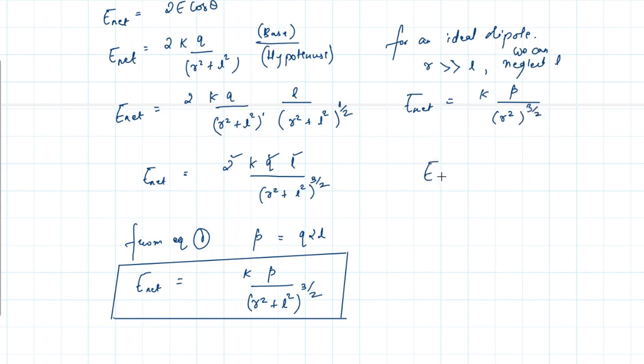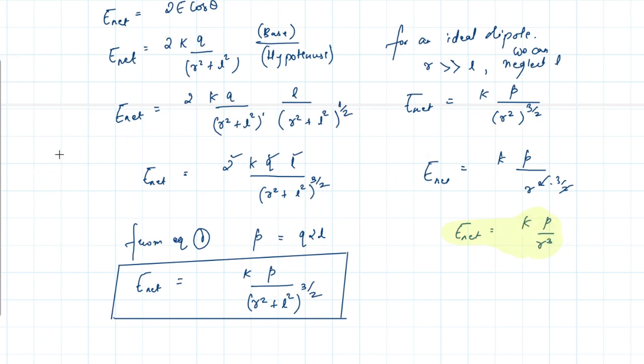If I remove the bracket, E net will be KP by R squared into 3 by 2, so this 2 and 2 get cancelled. What I'm going to get is E net equals KP by R cube. So this will be our final equation after considering an electric dipole.